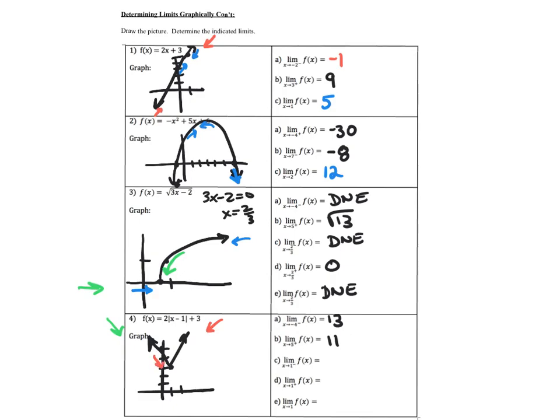And we can see that our y values are approaching 3. Part D asks for the limit as x approaches 1 from the right. And again, our y values are approaching 3. Since the limit from the left is equal to the limit from the right, which is equal to the same number, our limit as x approaches 1 is equal to 3.